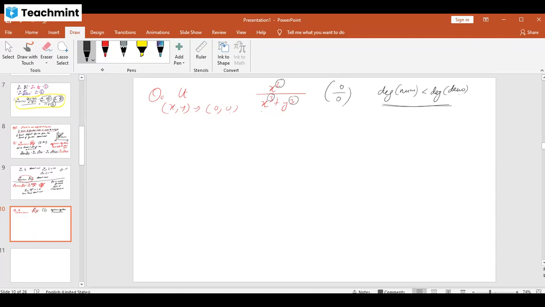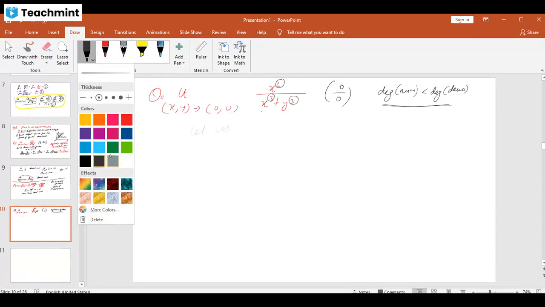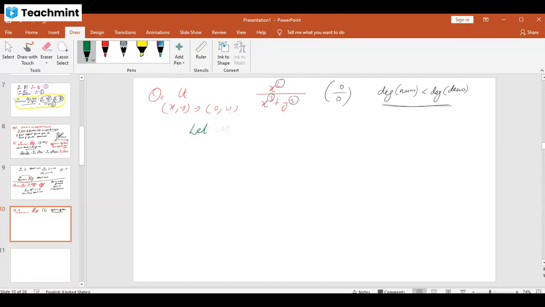If the power of x and y is the same, we can simply choose a path y equal to mx. Let us choose the path y equal to mx.